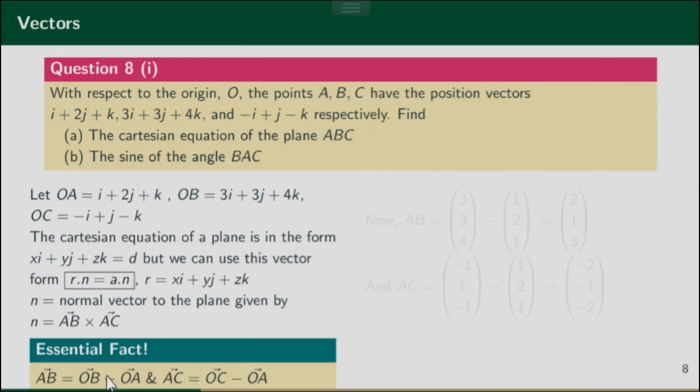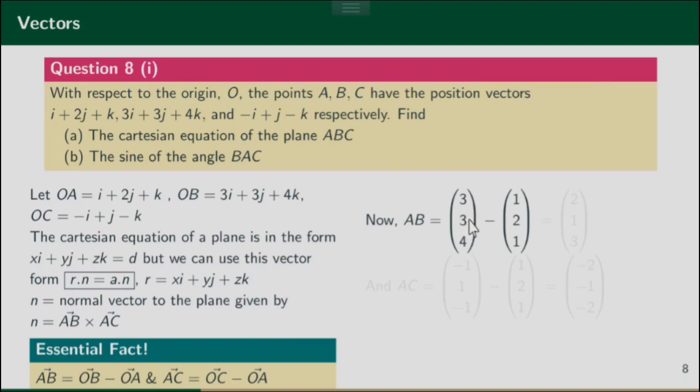So we have to use this and obtain the directions AB and AC so that we can find the cross product of these two vectors and obtain the normal vector n. Now, AB is equal to OB minus OA. So OB is the vector 3, 3, 4.